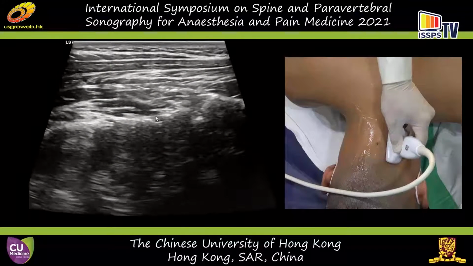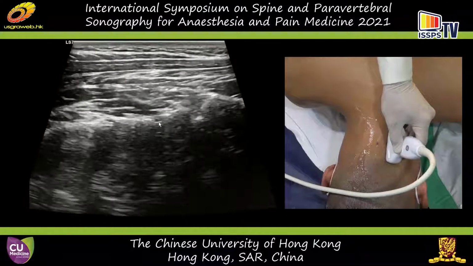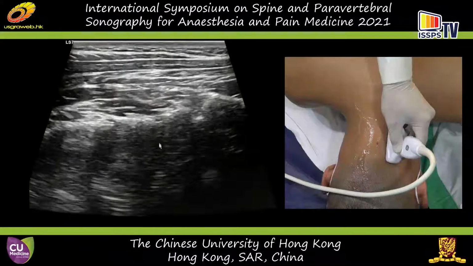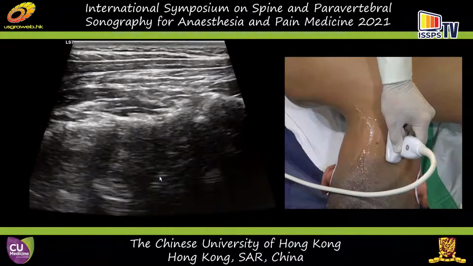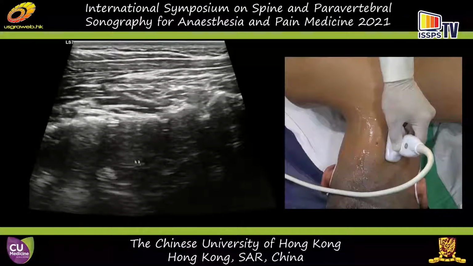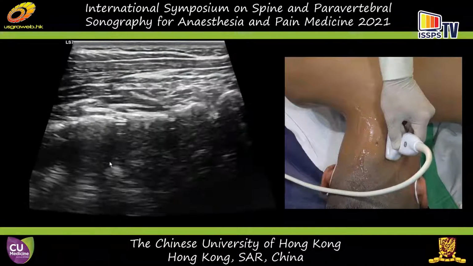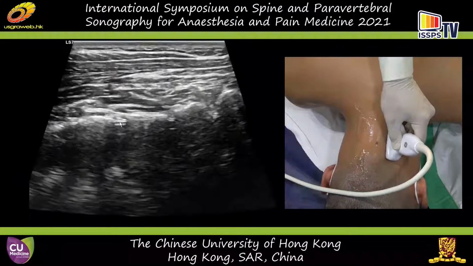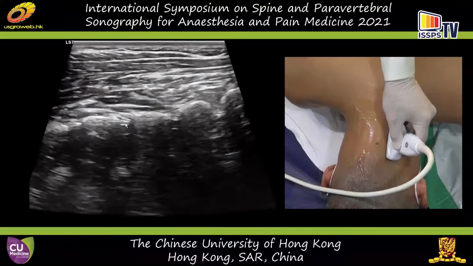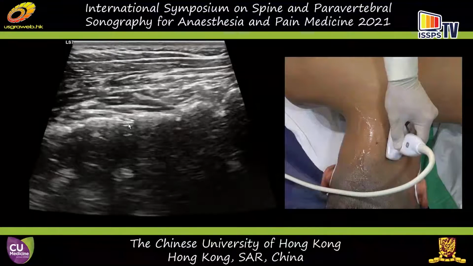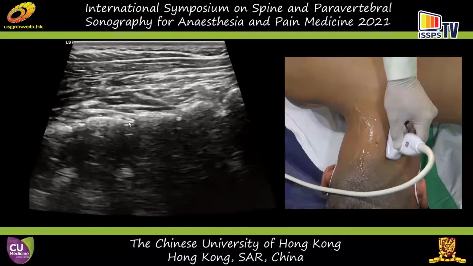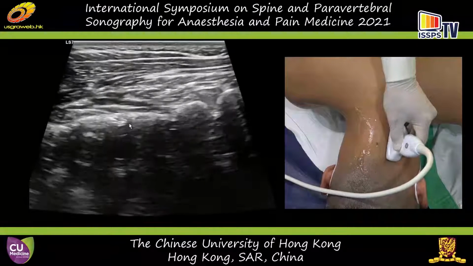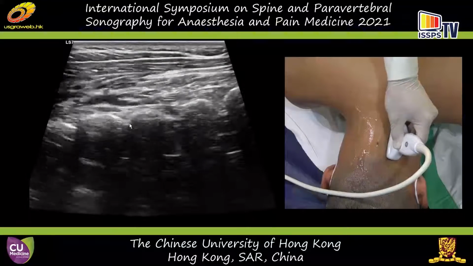You can see the ligamentum flavum here, and this is the posterior dura, and this is the anterior dura, and vaguely you can see the pulsation of the spinal cord, and you can see the epidural space, a very thin part of the space between the posterior dura and the ligamentum flavum here. So this is the posterior side of that.